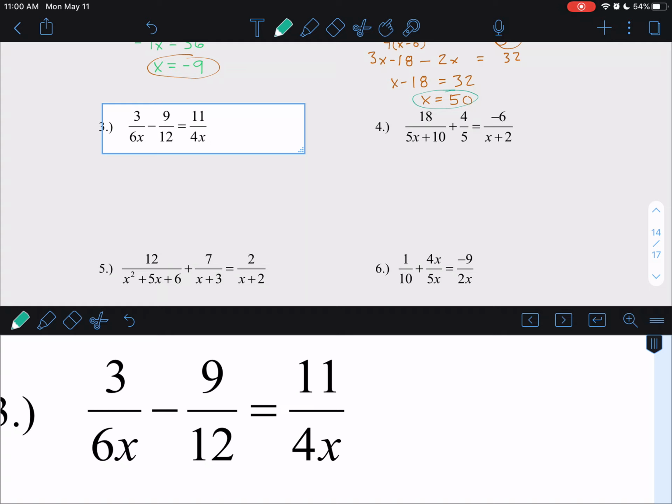And then the 12, if I want to multiply that by something to get it to 6x, I would have to multiply by a fraction, and I'm not going to multiply by a fraction. So what I'm going to have to do is find a least common denominator.